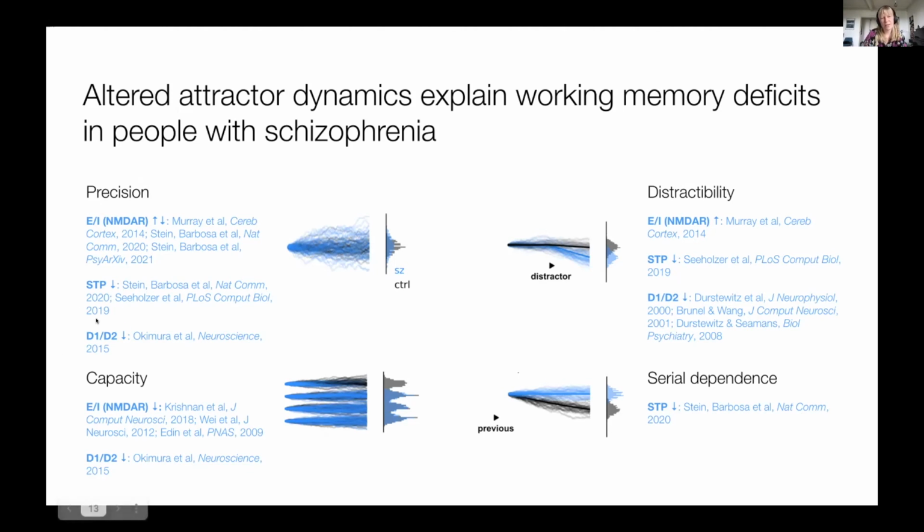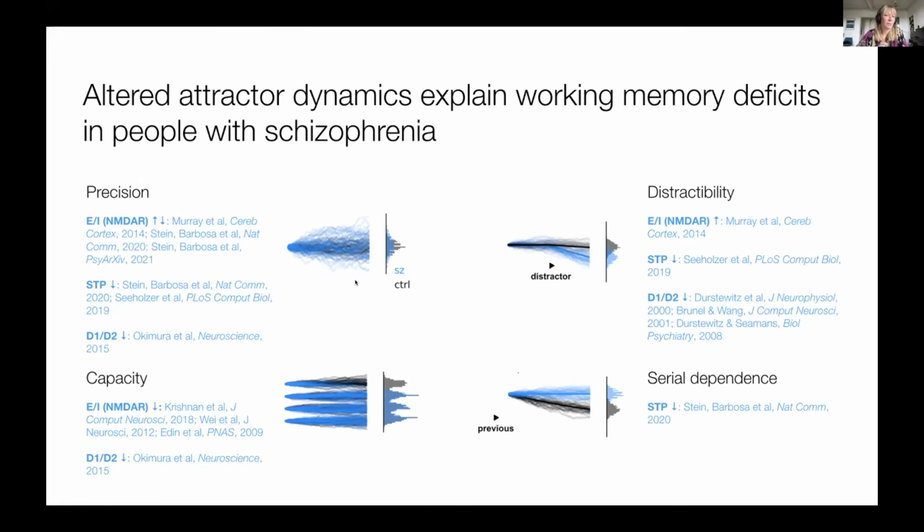Then similarly, there's been some accounts of dopaminergic modeling of these altered attractor dynamics. So specifically, it's important whether dopamine 1 or dopamine 2 receptors predominate the picture. And finally, we have recently shown, and other people have too, that short-term plasticity affects the way that, for example, bumps diffuse throughout the trial.